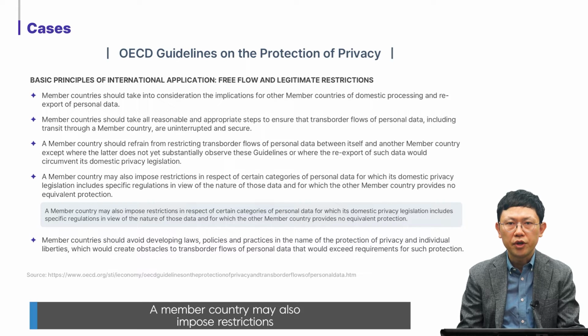A member country may also impose restrictions in respect of certain categories of personal data for which its domestic privacy legislation includes specific regulations in view of the nature of those data, and for which the other member country provides no equivalent protection.